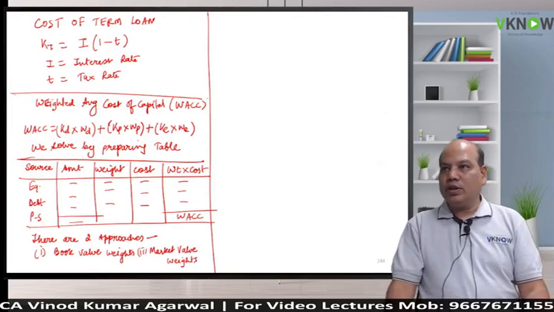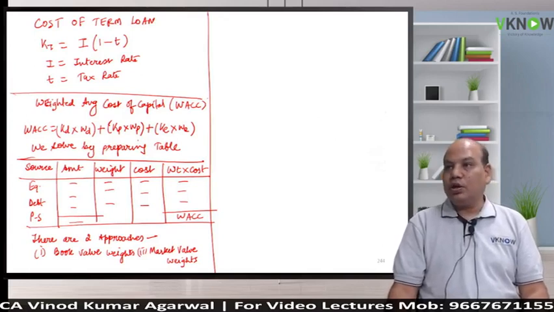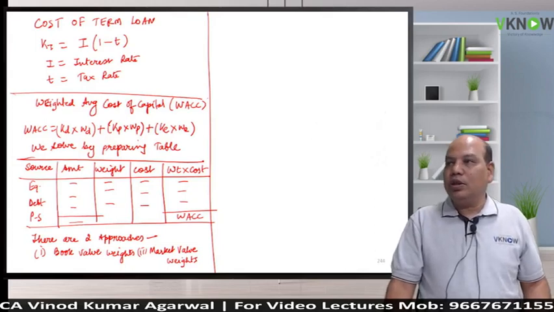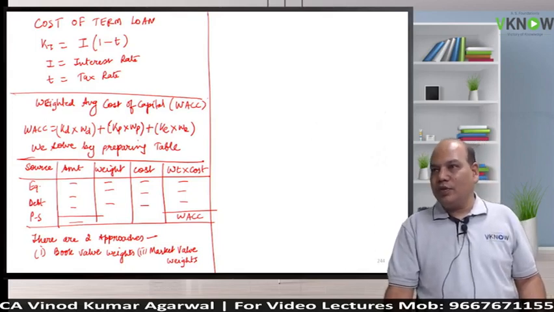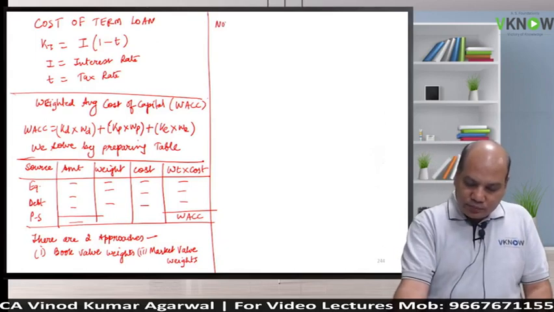Book value weights and market value weights. So, what is book value weights? It is taken from books of account, from the balance sheet. And market value weights means we will calculate the market value of different sources of finance. Is it right?